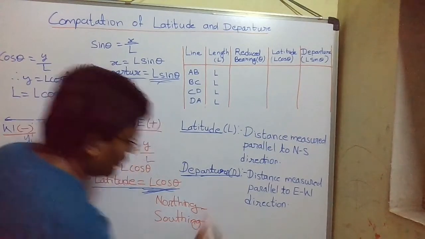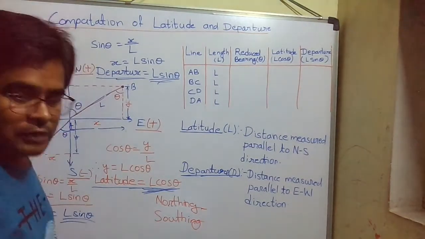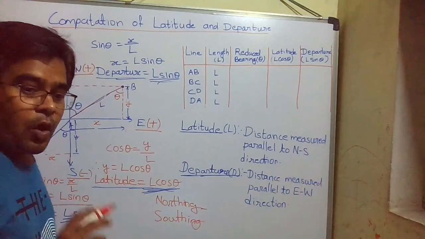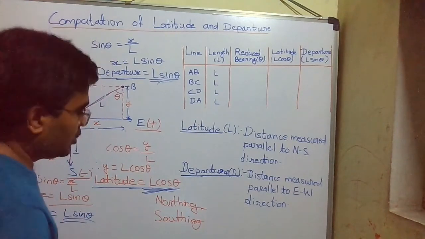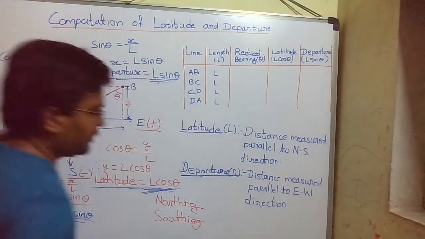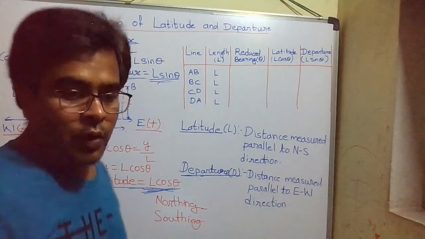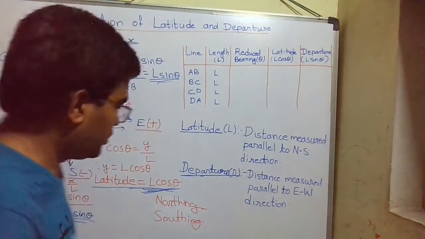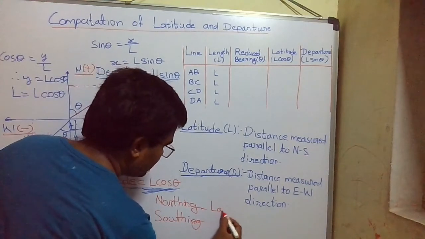Here, what is northing? Northing is nothing but the latitude of a line along north. The latitude of a line along north is called northing.